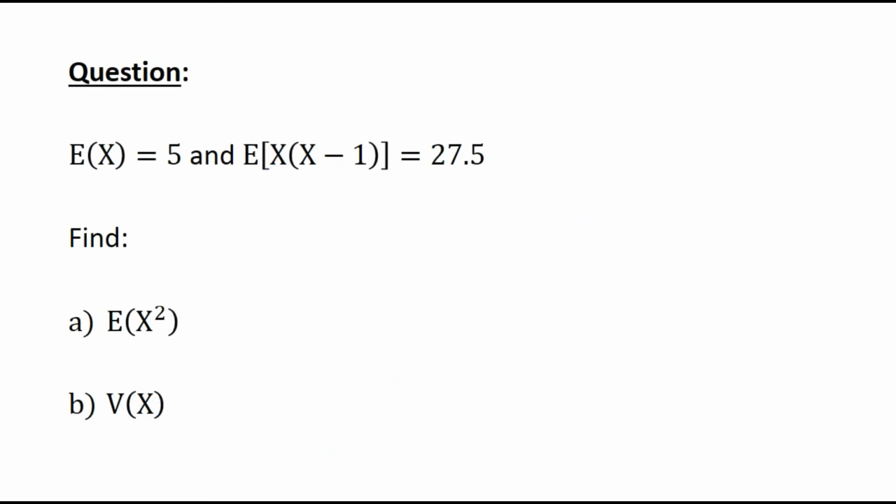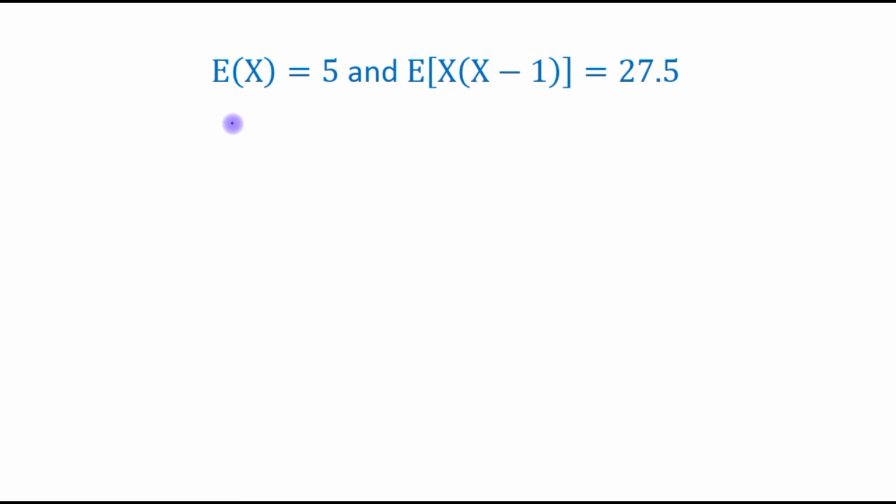Next question. E(x) equals 5 and this one is 27.5. We need to find expected value of x square and variance of x. So we have been given this information and we need to find E(x square).